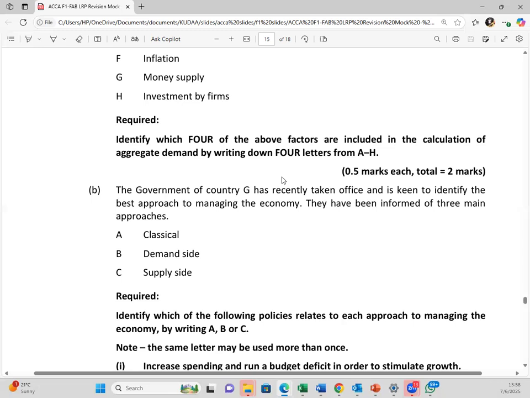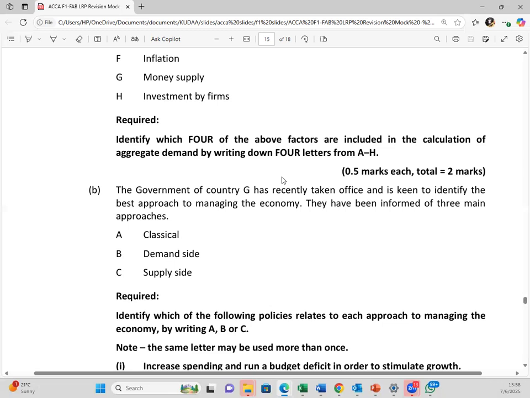Demand side says boost demand. As the government help the people to have more money to spend. If you want to boost the economy, boost demand. Once people have more money to spend, the economy is going to grow, so work on boosting demand.